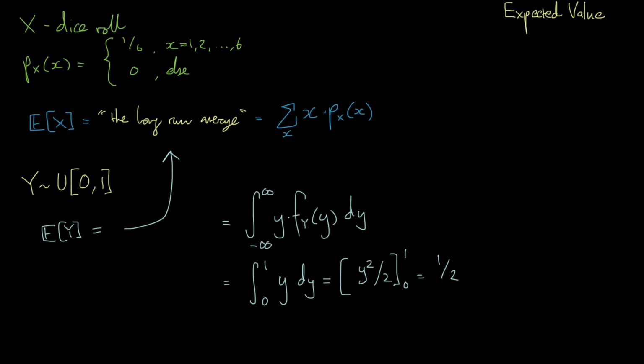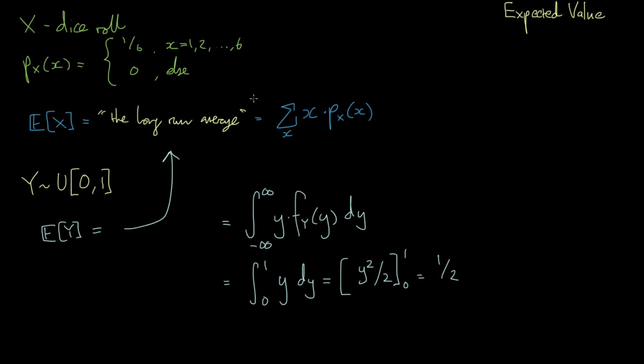Okay, so we've got two possibilities here. We have a discrete random variable and a continuous random variable. In both of these cases, we think about the expected value of that random variable as being the long run average, the average we'd get if we conducted infinitely many of this random experiment. However, the way we go about calculating this expected value changes between discrete and continuous variables.